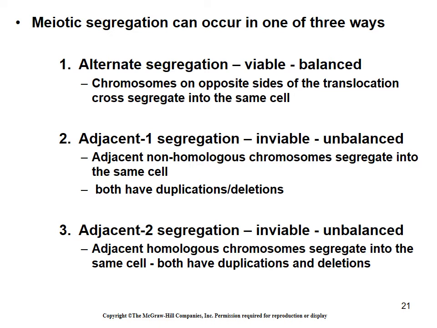I will have you know that adjacent segregation usually gives an unbalanced transfer, which will usually lead to inviable gametes, meaning that sterility is very highly likely. Alternate segregation, if successful, tends to produce viable gametes that are balanced.